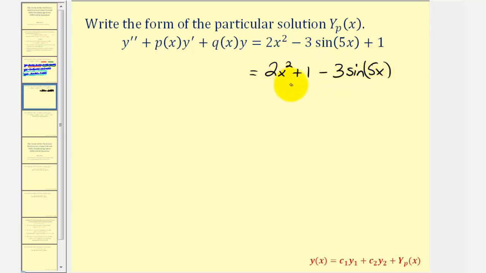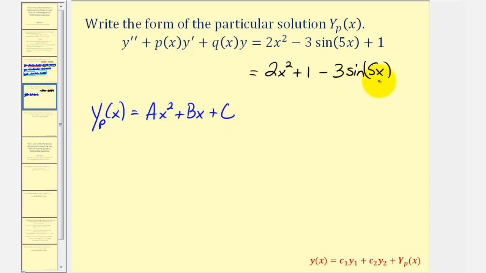So we can think of this as a quadratic function and then minus a sine function, which means for big Y sub p of x, our particular solution, it would take the form of a quadratic function with undetermined coefficients, which would be ax squared. We still have to include an x term, so plus bx plus c.